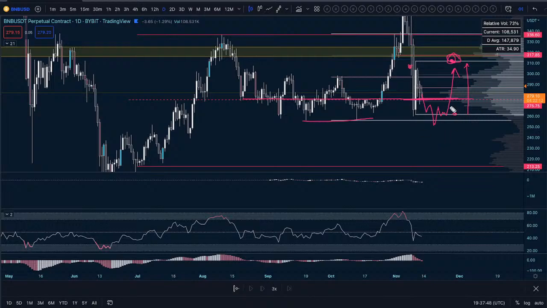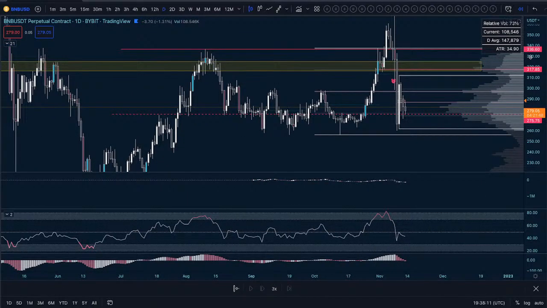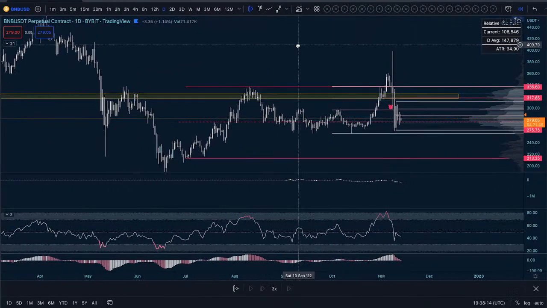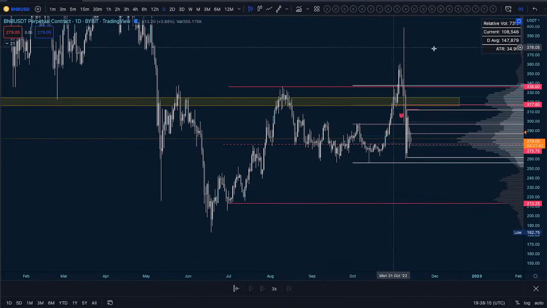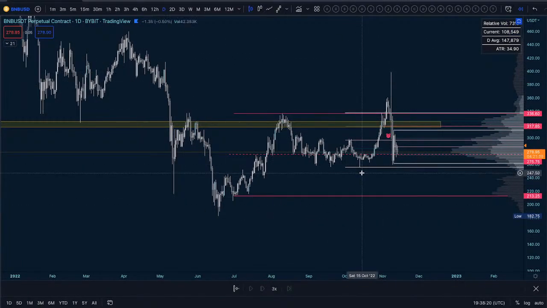Not a bad long at all, but it can also do the opposite. Bounce here, take out the high, come here and then smash the whole thing, including this. This whole region is a liquidity area. Unlike BTC, let's think about it like this: when you look at it, where's the liquidity?